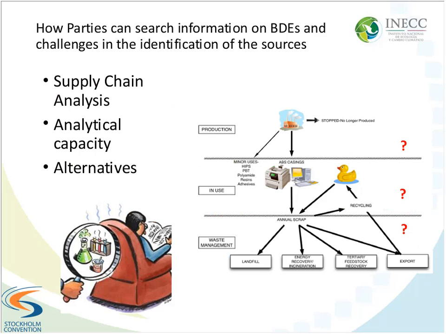Okay, and here are some ideas or potential streams where you could identify information about the situation of the BDEs in the countries. It's important to have a good knowledge of the supply chain.